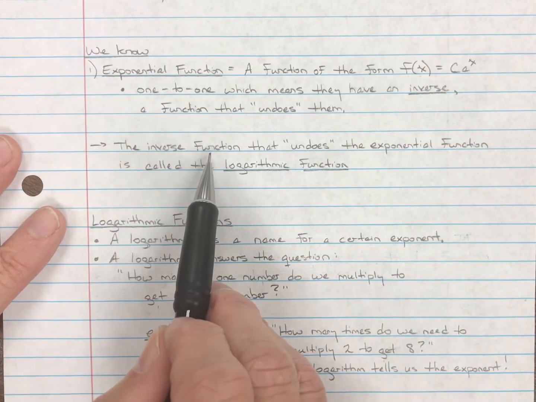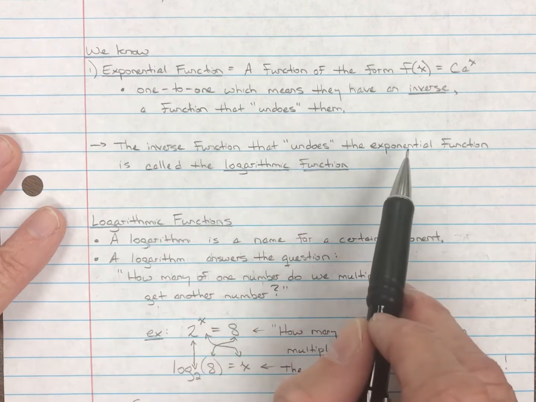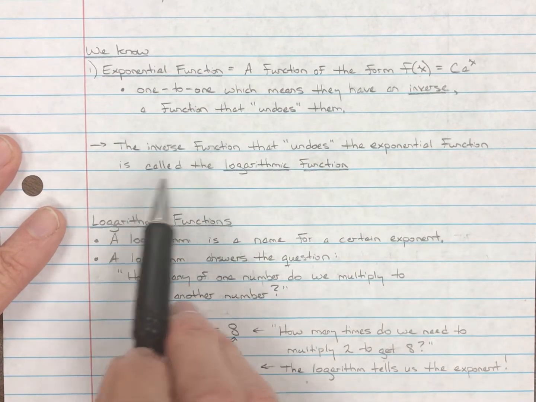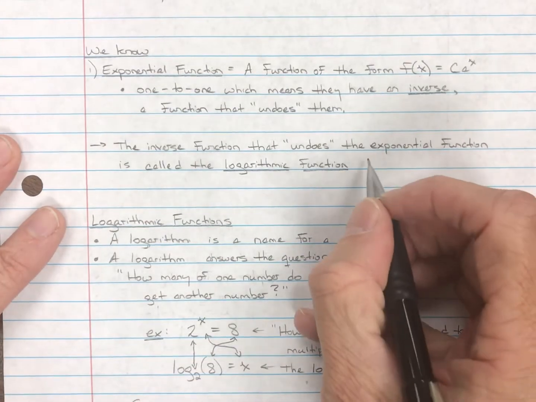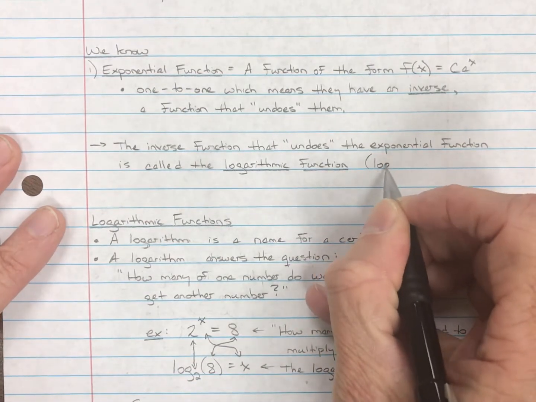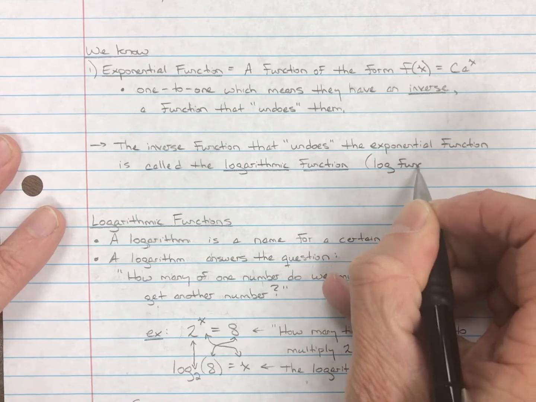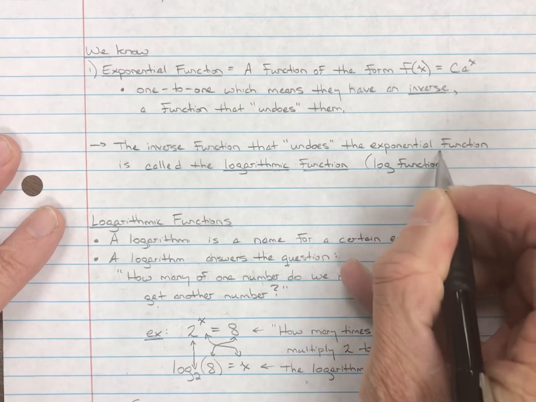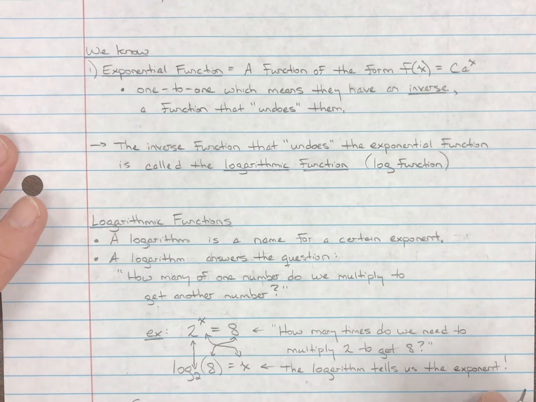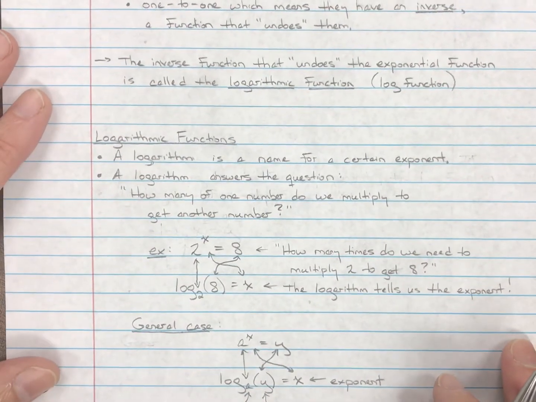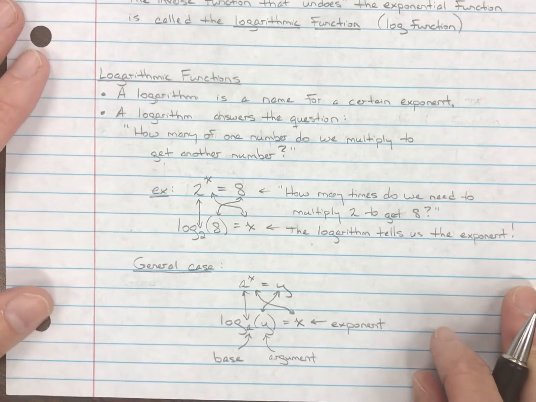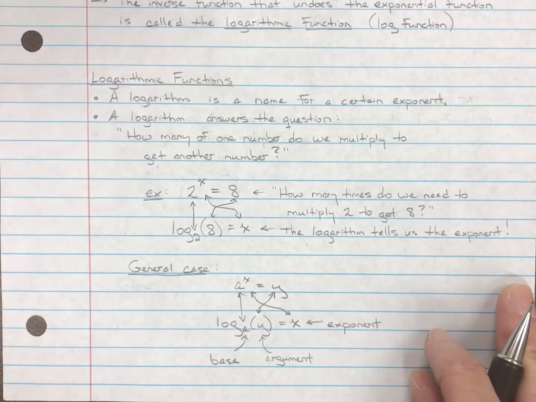The inverse function that undoes the exponential function is called the logarithmic function, or the log function. A lot easier to say log as opposed to logarithmic. All right, a couple things about the logarithmic function we want to talk about here.